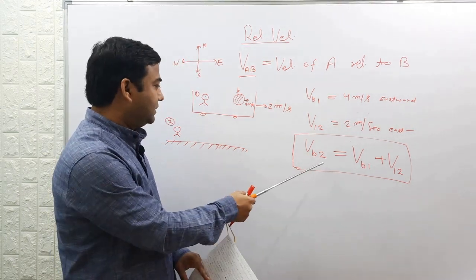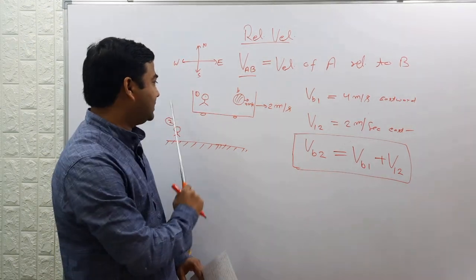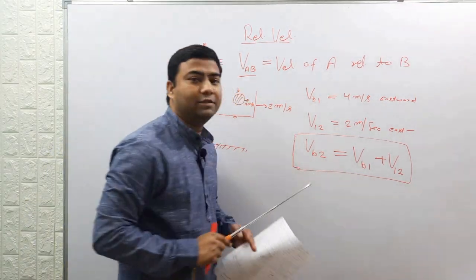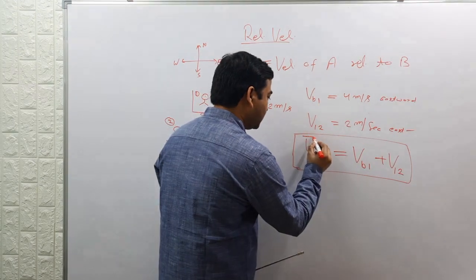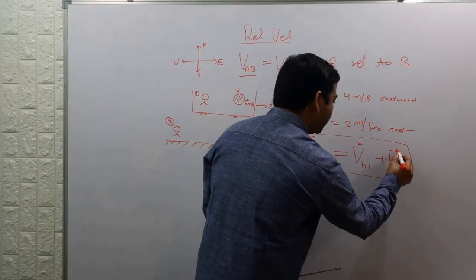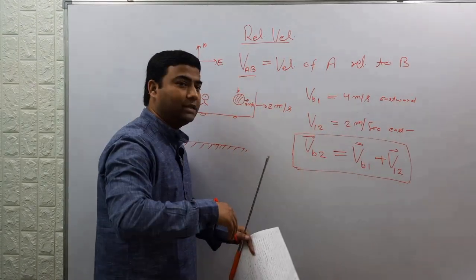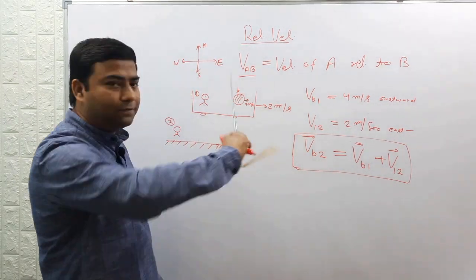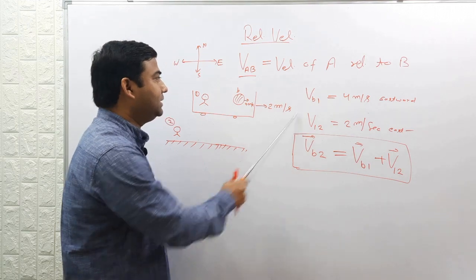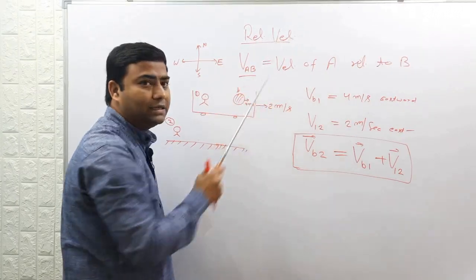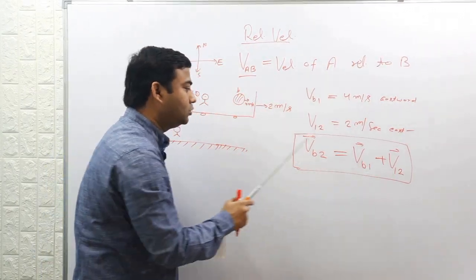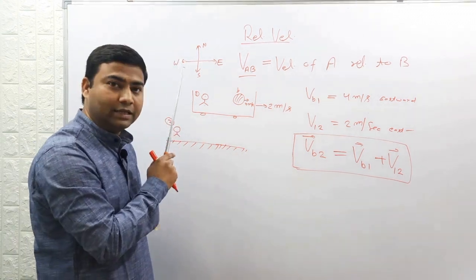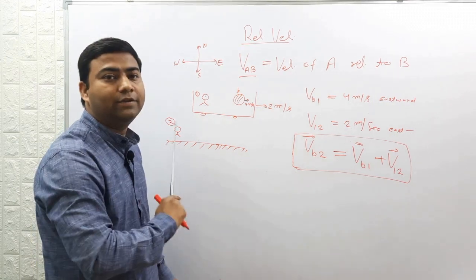We have written this expression for a very simple problem, but this expression is a vector expression, and it is true for motion in different directions. V1 may be in the east-west direction, V12 can be in the southeast direction, V2 can be in some other direction. They need not be collinear vectors.